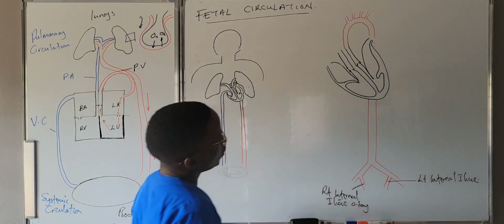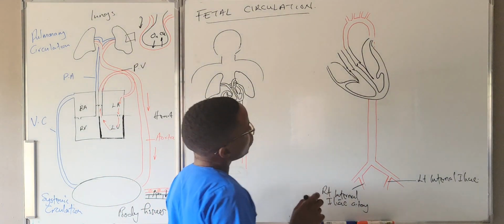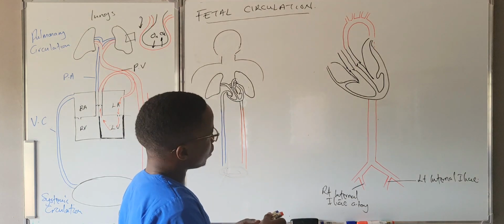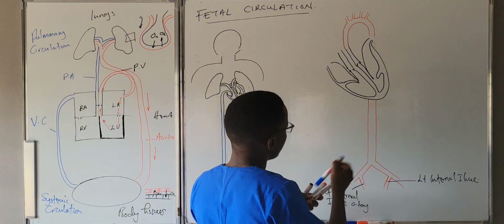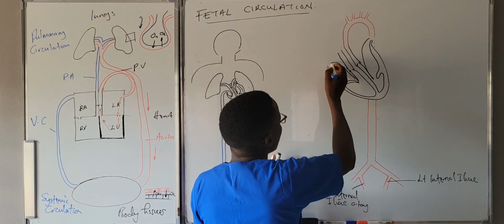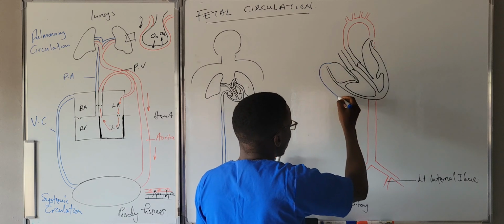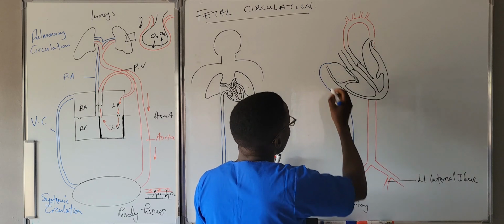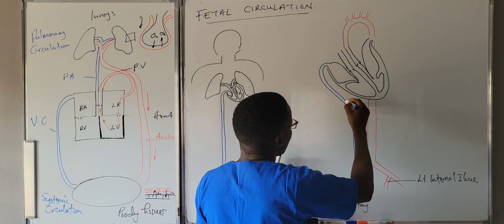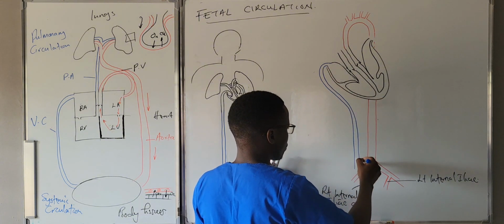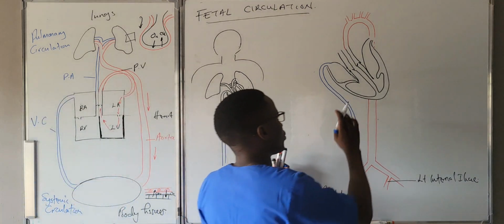Okay. Now, the other thing that we have is the vena cava. We have the vena cava here, which is of course the inferior vena cava.